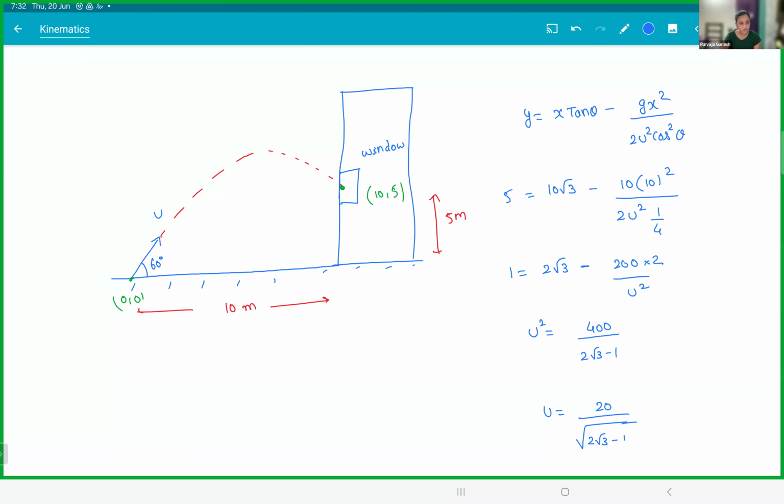So once you cross that boundary, the right side of the boundary is minus g i cap. The left side of the gravity is downward. So draw the path of the particle, draw the trajectory and the time of flight.